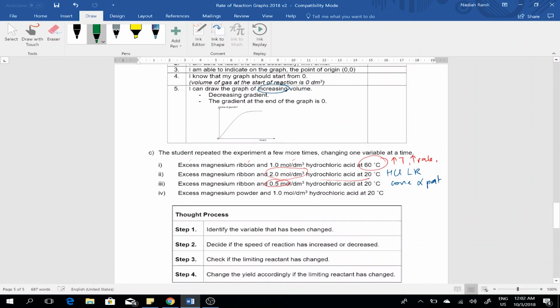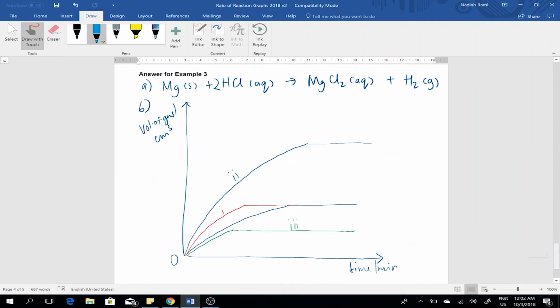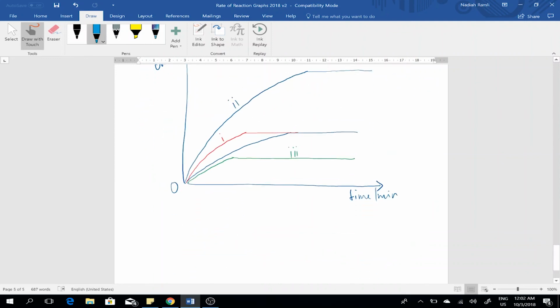Next, 4. So excess magnesium powder. So now the difference is there is a powder, smaller particle size, which means more surface area. Which means a faster reaction. So all I have to do is to make it faster.